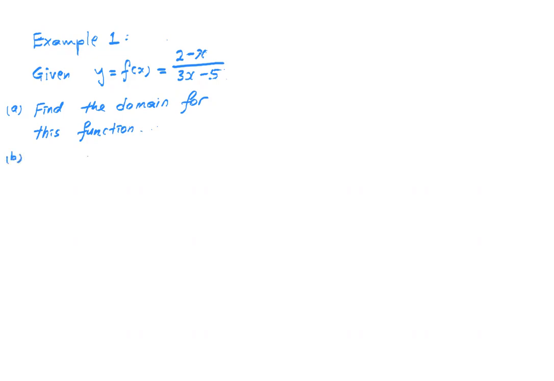all rational functions will have a vertical asymptote. They will ask you to state the equation of its vertical asymptote. Usually a vertical asymptote is a vertical line that makes the function undefined.